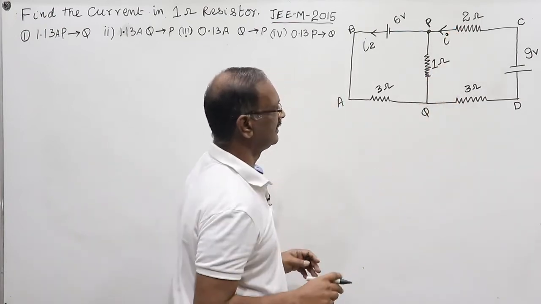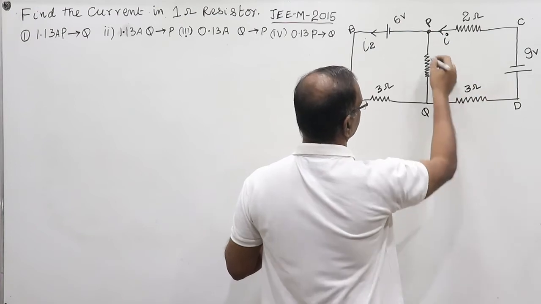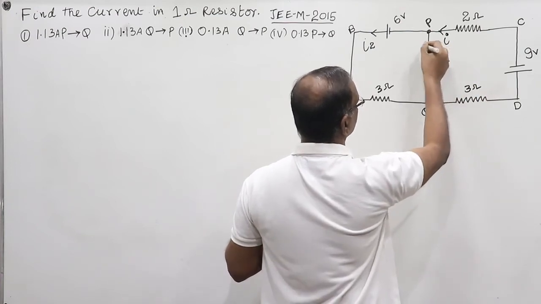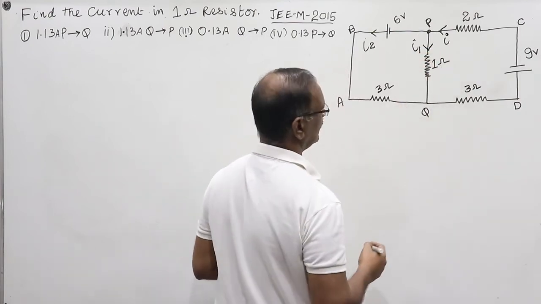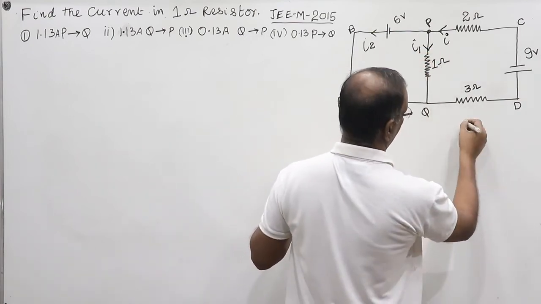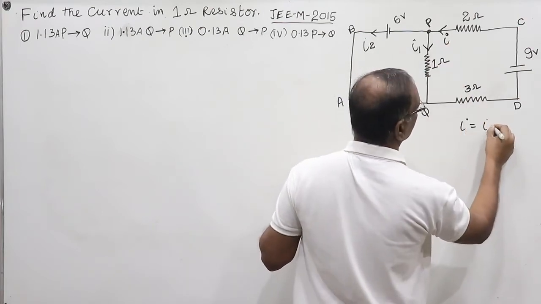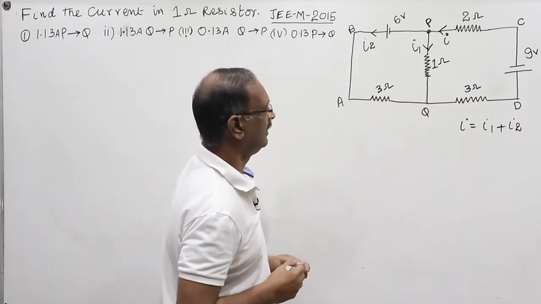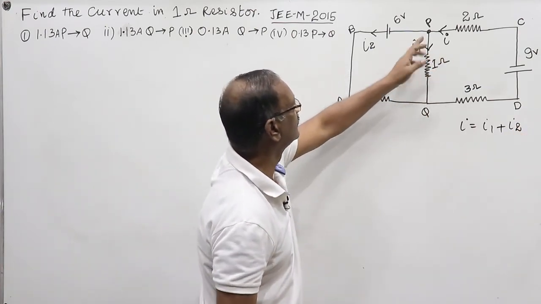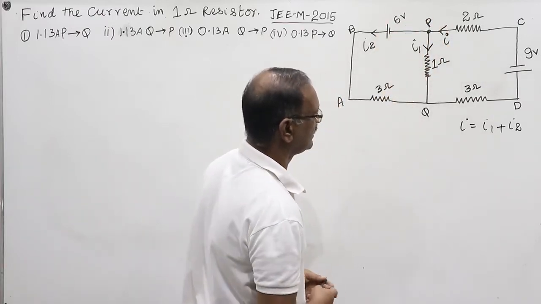We assume the current from here is flowing like this, and here the current flowing is I1. So at this point P, I is equal to I1 plus I2 according to Kirchhoff's current law at the junction P. Some current is flowing here, some current is flowing here.